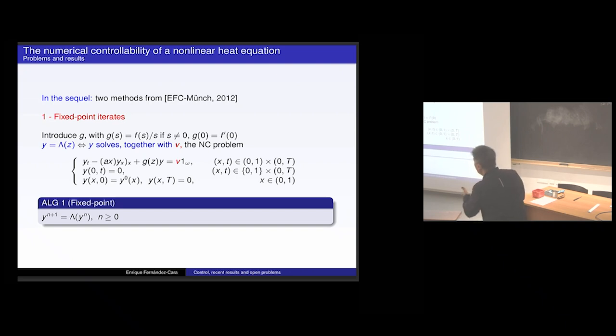Anyway, numerically we get it, even when the power is near to 3/2. So this is the first algorithm that I present. Very easy. We get y n plus 1 equal to lambda y n, where lambda y n gives the solution to this null control problem.